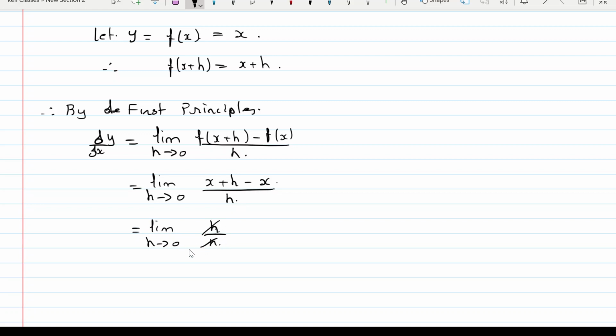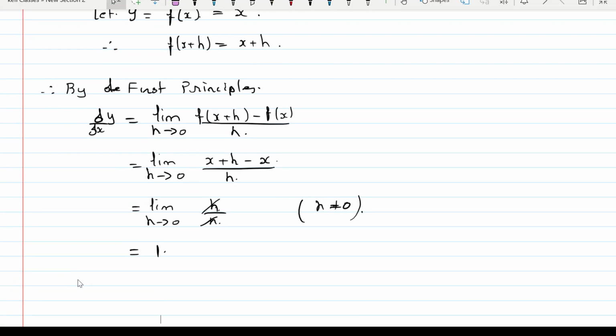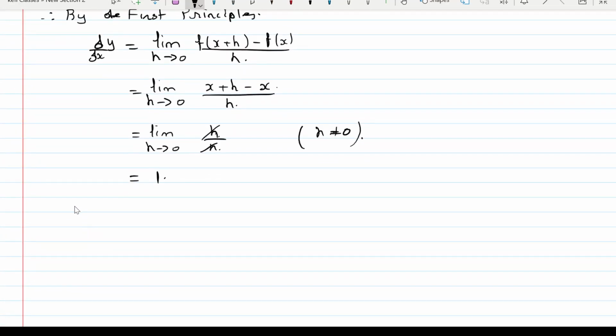So h and h cancels because h is not equal to 0, and so this limit of 1 as h tends to 0 is 1, and so we get a first result: d by dx of x is equal to 1. That's the first result we get.